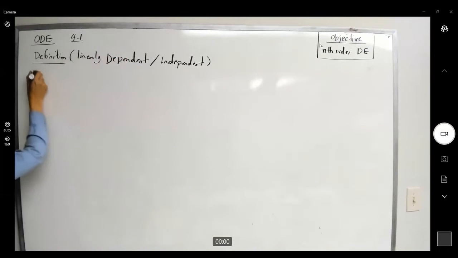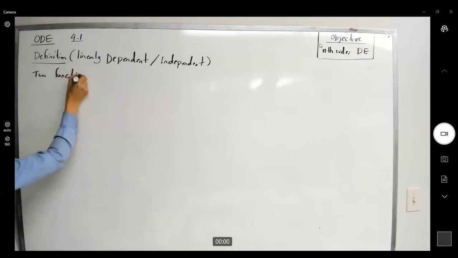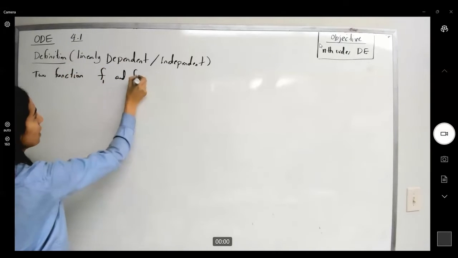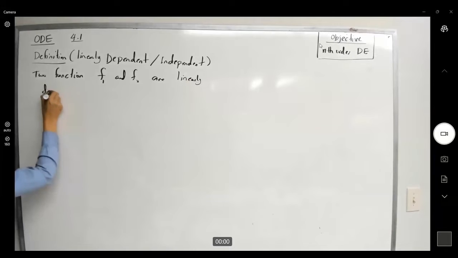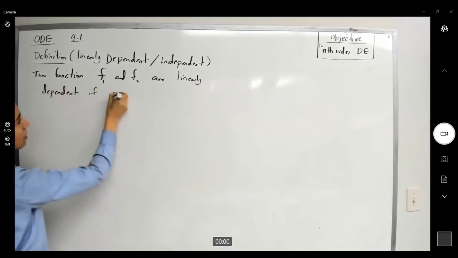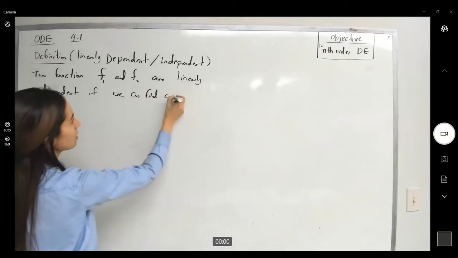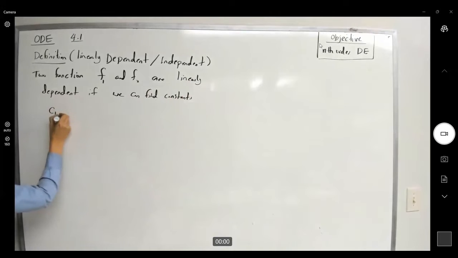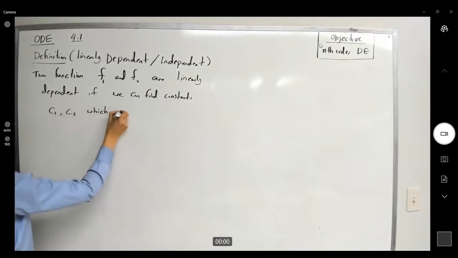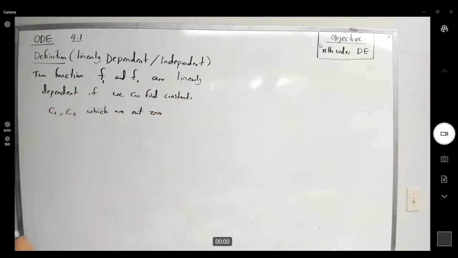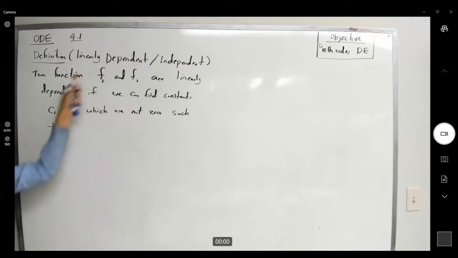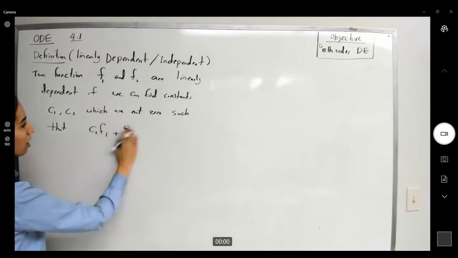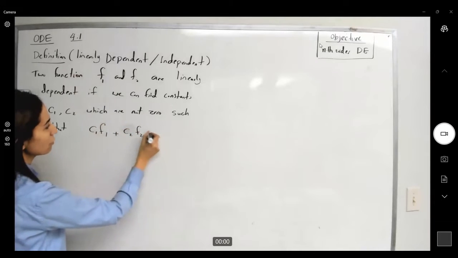So we say that two functions like f1 and f2 are linearly dependent if we can find constants like C1 and C2 which are not zero at the same time, not all of them are zeros, such that if you form the linear combination of these two functions, that linear combination becomes zero. C1 f1 plus C2 f2 becomes 0.